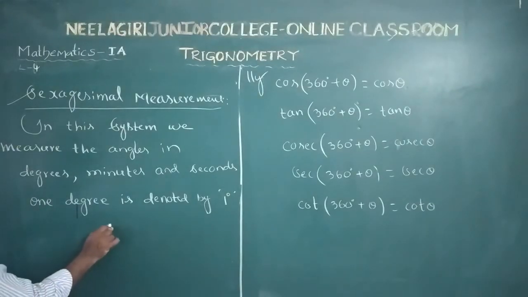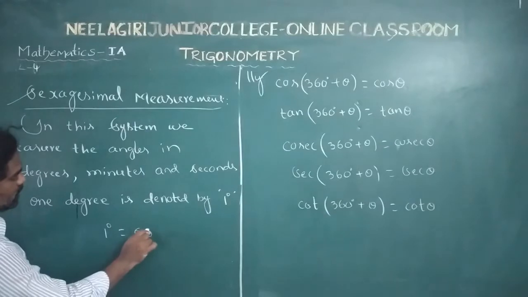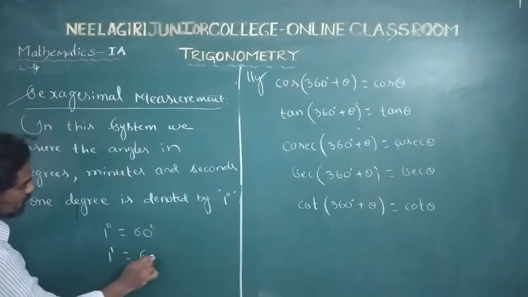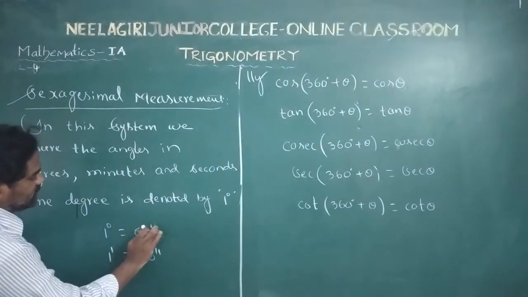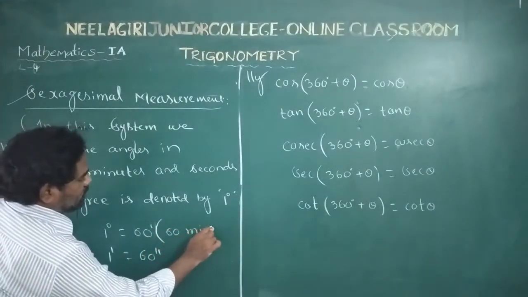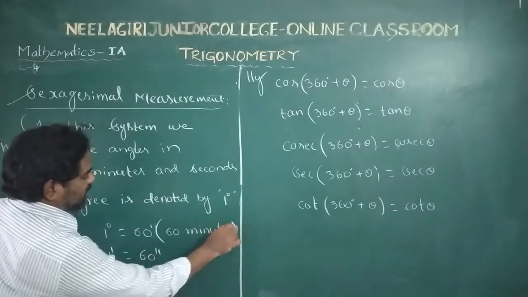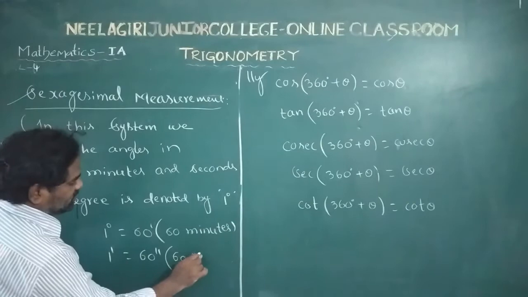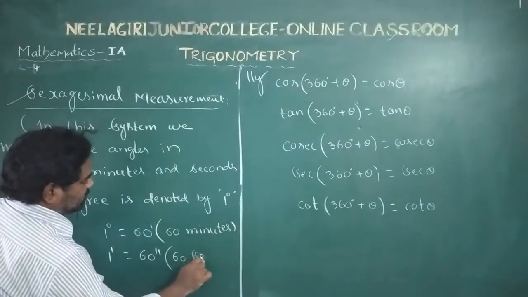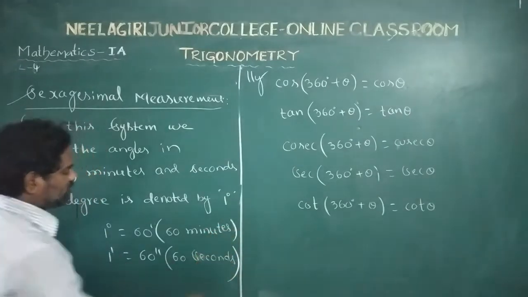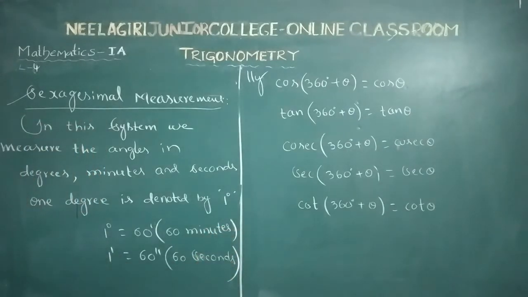So 1 degree equals 60 minutes. 1 minute equals 60 seconds. One dash represents minutes, two dashes represent seconds. 60 minutes and 60 seconds.